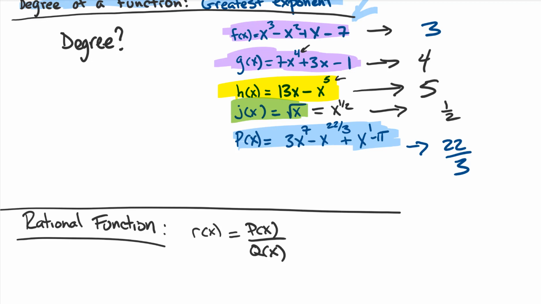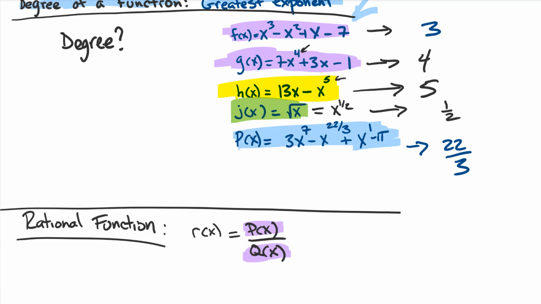So let's discuss. A rational function is essentially a fraction. It means you've got a polynomial over another polynomial, or just some sort of function over a function.